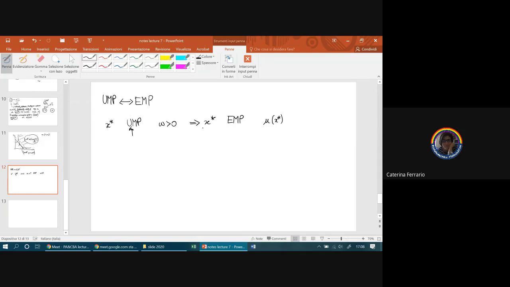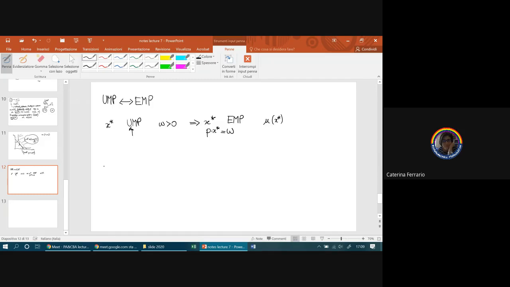And if X star is the solution to the expenditure minimization problem when the utility level is U star, the minimized expenditure level P times X star is exactly equal to W. So this is the relation between the two.